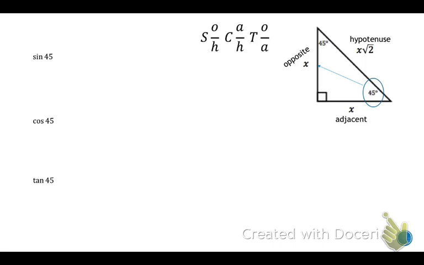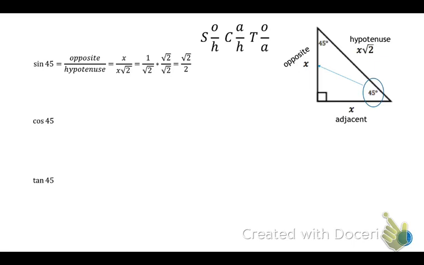Now, let's find sine. Sine is opposite over hypotenuse, which is x over x square root of 2. Those x's cancel, and I'm left with 1 over the square root of 2. But I have to rationalize that denominator, so I multiply by the square root of 2 over the square root of 2, and you get square root of 2 over 2.